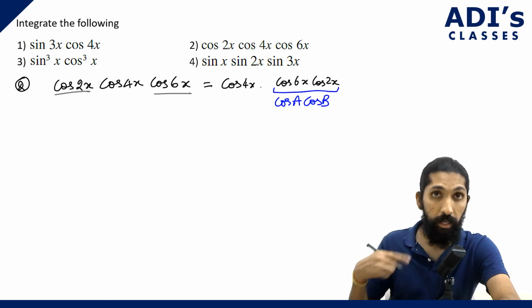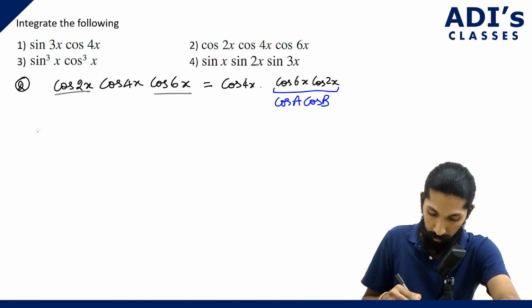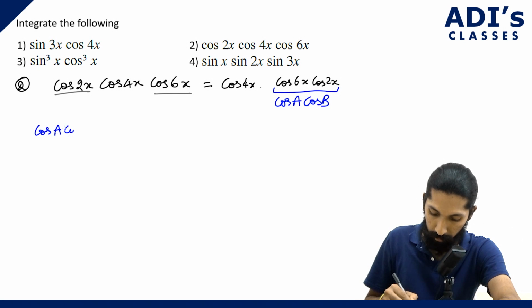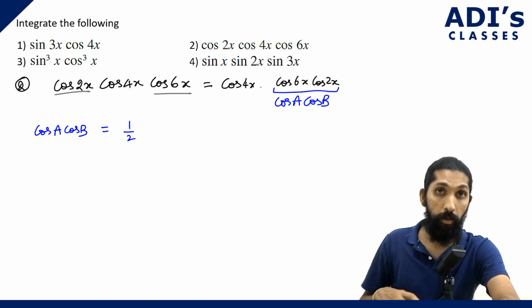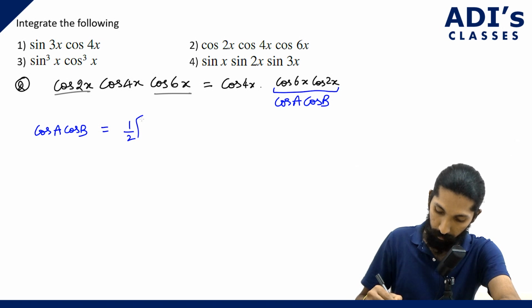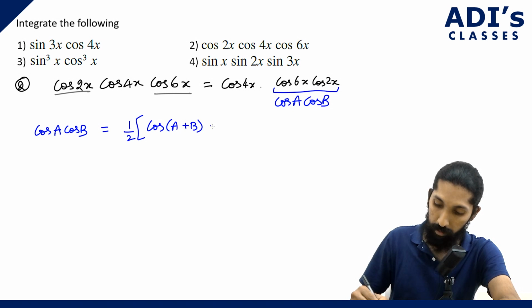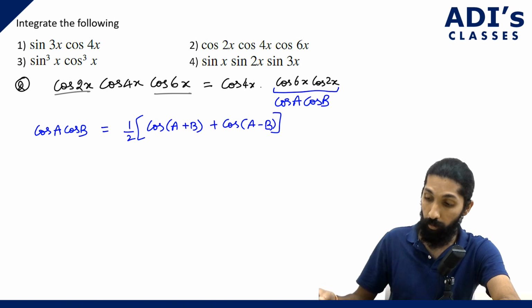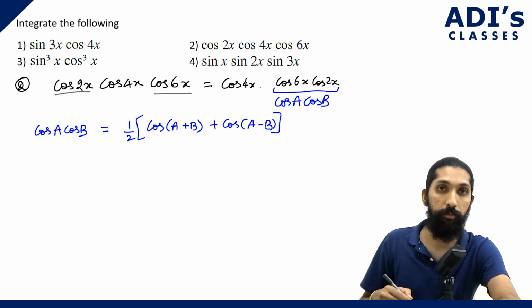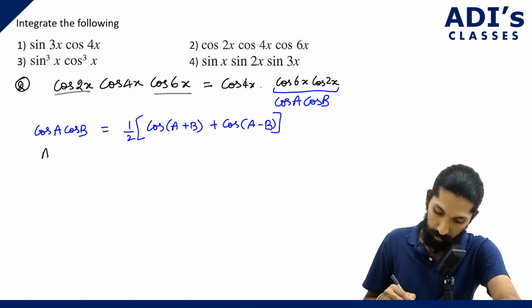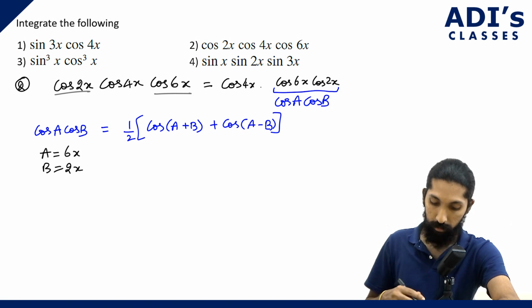Now let's recap the transformation formula. You have cos A cos B is equal to half of cos of A plus B plus cos of A minus B. Now what is there in place of A and B? A is 6x and B value is 2x.